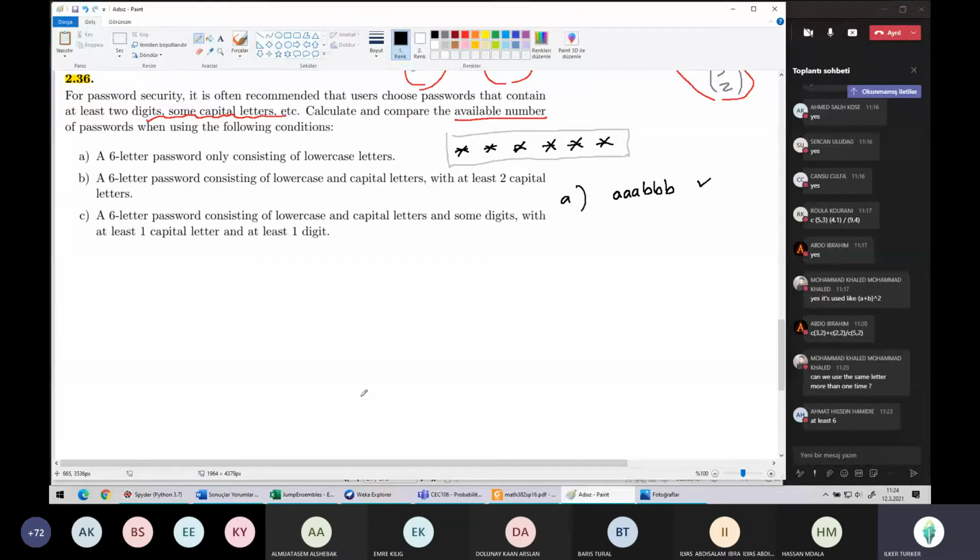I have to give you the conditions for this question: in the English alphabet we have 26 lowercase letters, also 26 capitals, and in addition we have 10 digits.